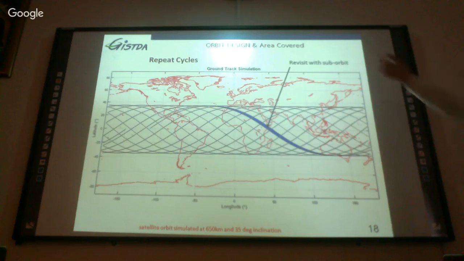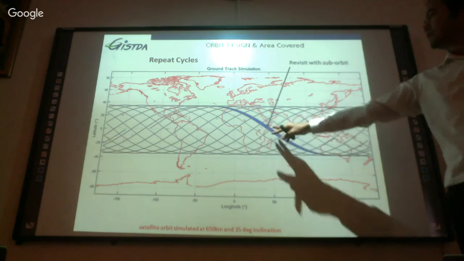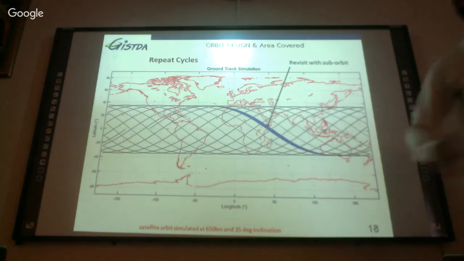For the ellipse, we have to consider the sub-orbit of the ground track. Then we can calculate the ellipse time and the field of view of the camera.